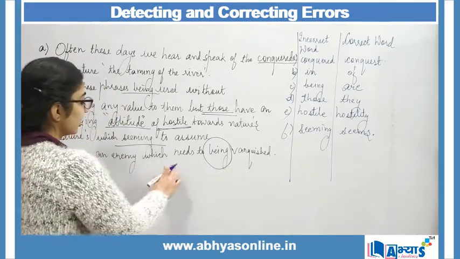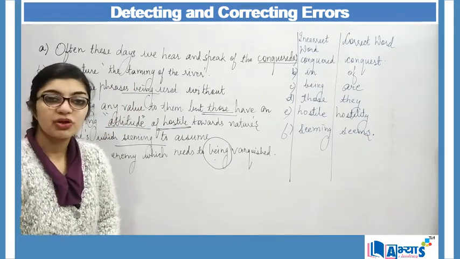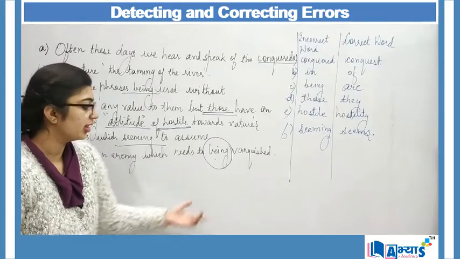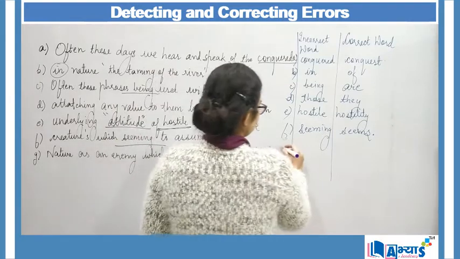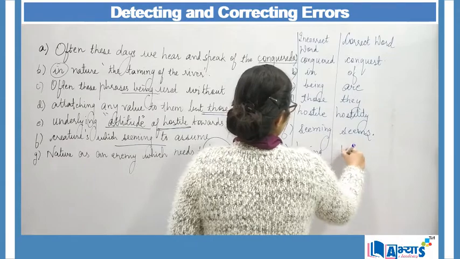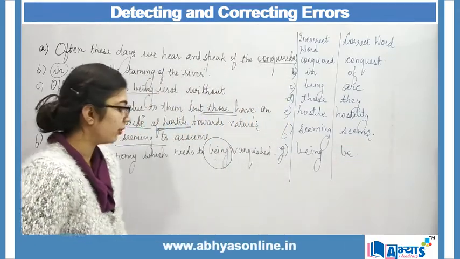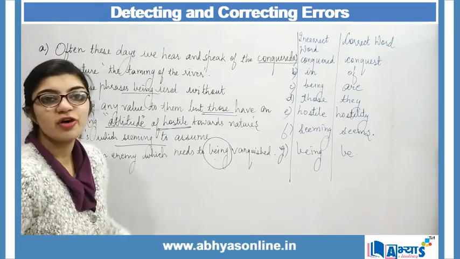So instead of being, we will write be, because that is the correct form of verb that we will be using over here. Here being is wrongly mentioned. We will remove that and we will be simply writing be. It needs to be vanquished. So this is the example of errors.